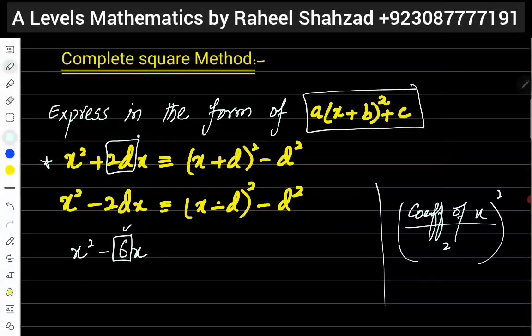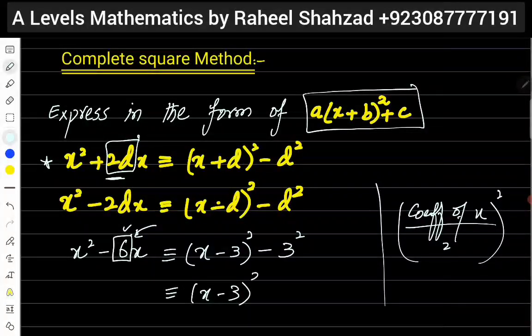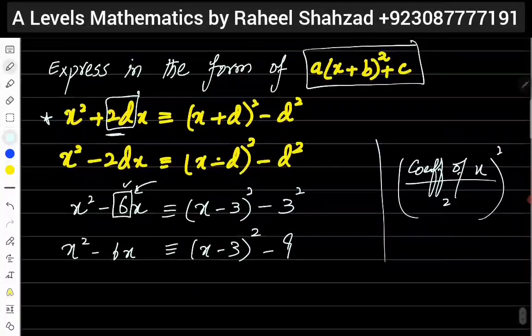So what is half of 6? If it is 2d, so it's going to be 2 into 3, that makes 6. So this can be written as x minus 3 whole square minus 3 square. It's always half of this because this is written as 2d. So this is equal to x minus 3 square minus 9. So x square minus 6x can be written in this form.